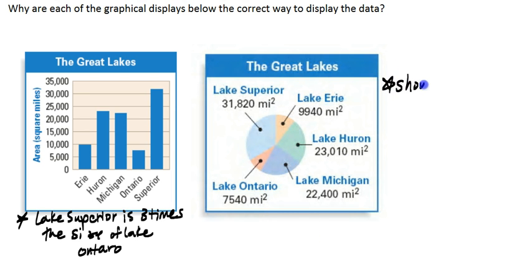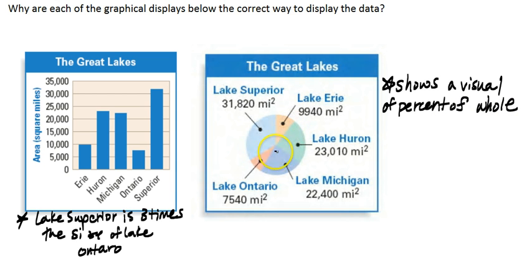I'm going to say it shows a visual of percent of the whole. And we can kind of see, looking at this, Lake Huron and Lake Michigan are about half of the total. And I can make other conclusions too. I mean, this graph makes it look like Lake Ontario and Lake Erie are very close to each other. Lake Superior is obviously still the biggest.